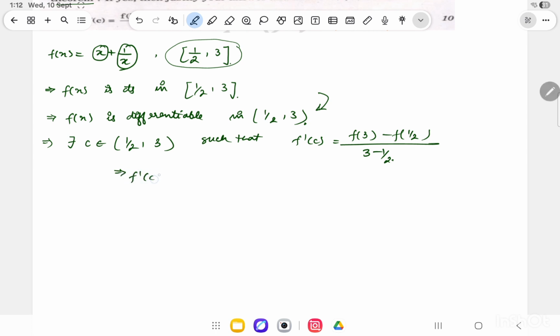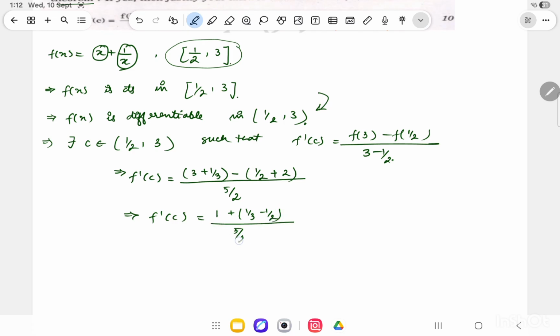So my f dash c will be basically equal to f(3), that is 3 plus 1 by 3, minus f(1/2), that is 1/2 plus 2, divided by 3 minus 1/2, that gives me 5 by 2. So from here I'll be getting f dash c as 3 minus 2, that is 1, plus 1/3 minus 1/2, divided by 5 by 2.